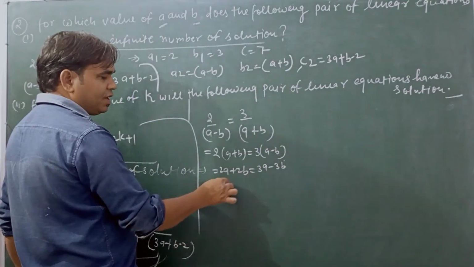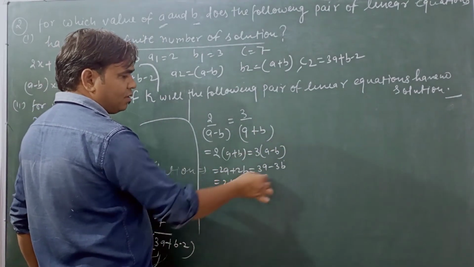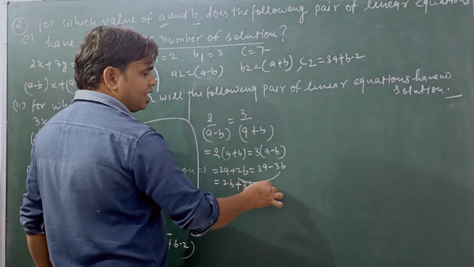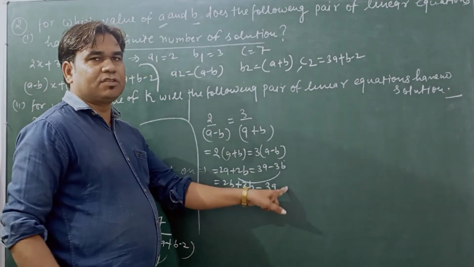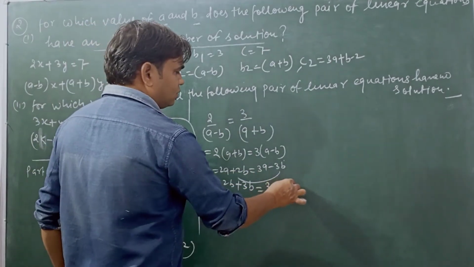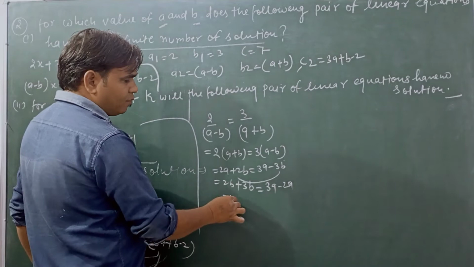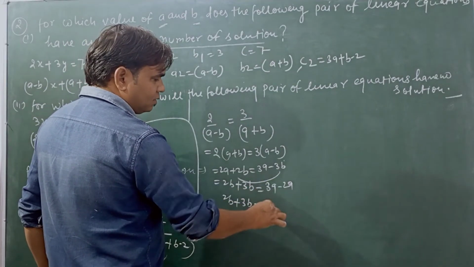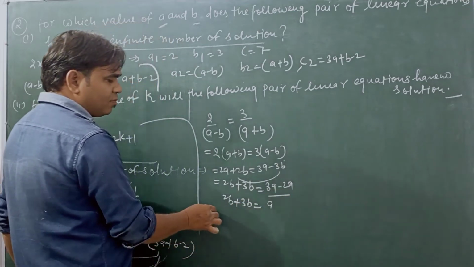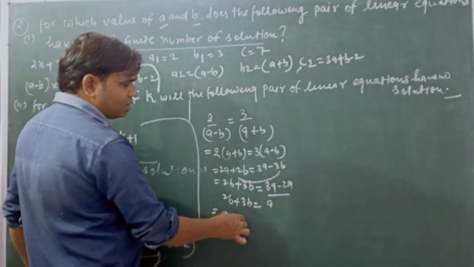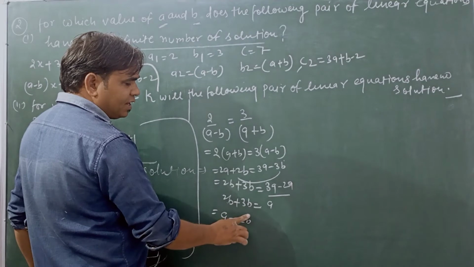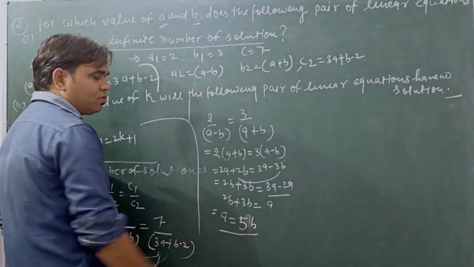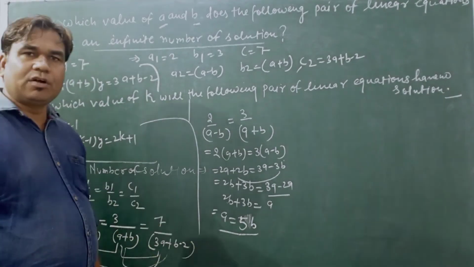So we take 2b and 3b on one side, and 3a, after that 2a transferred, so 2b plus 3b equal to a. So we find the value of a equal to 2b plus 3b, that is 5b. So a equal to 5b.